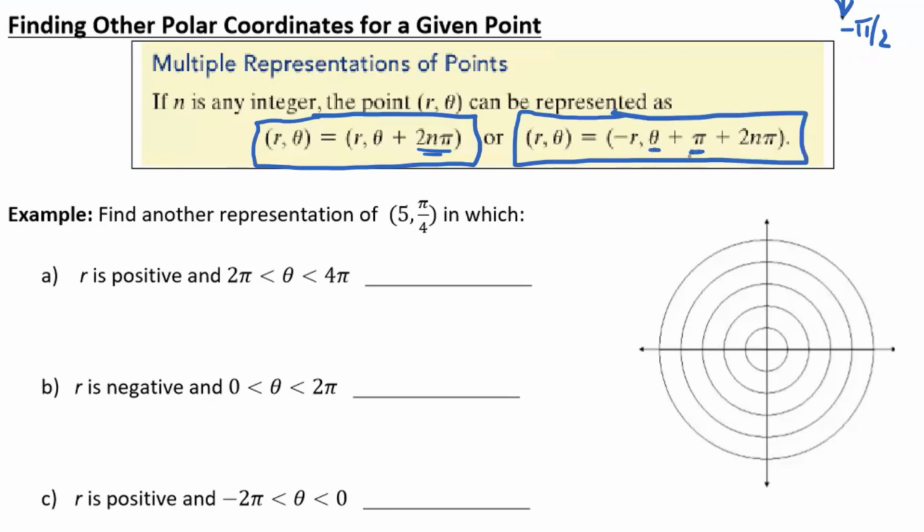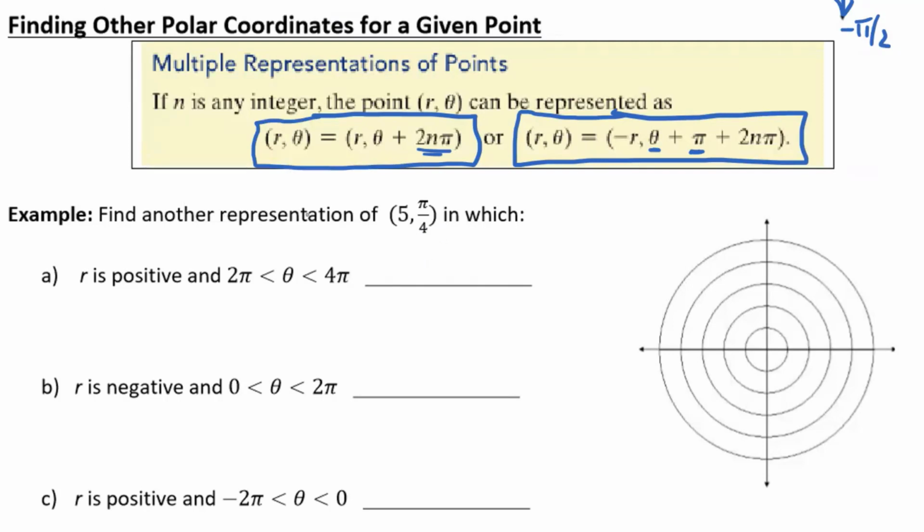It's just that you have to go halfway around the circle. So add pi to theta, and then add any multiple of 2 pi to that, and you can keep generating new points. So you will see questions like this. You will be given a point and asked to find versions of that same point with certain characteristics.